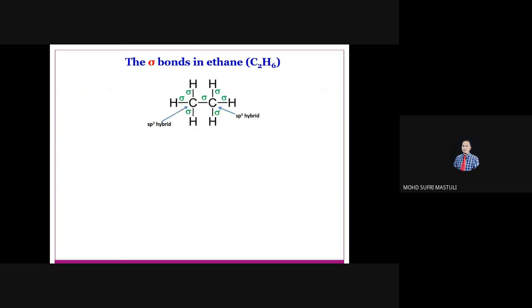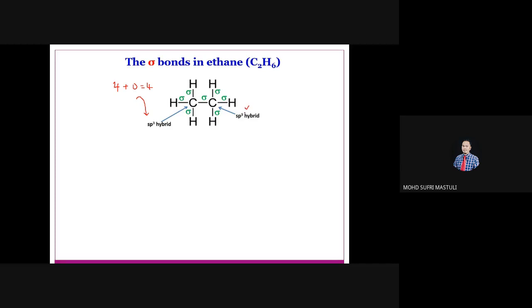As you can see, this carbon has four electron pairs, 1, 2, 3, 4, and also 0 lone pairs. So the electron domain is 4 plus 0, considered 4 electron domain. 4 electron domain is sp3. Same goes to the other carbon, it is also sp3.